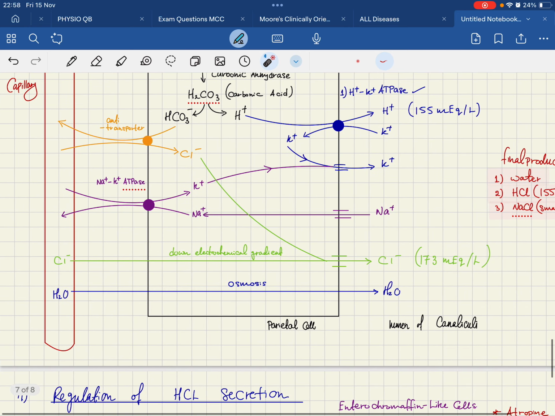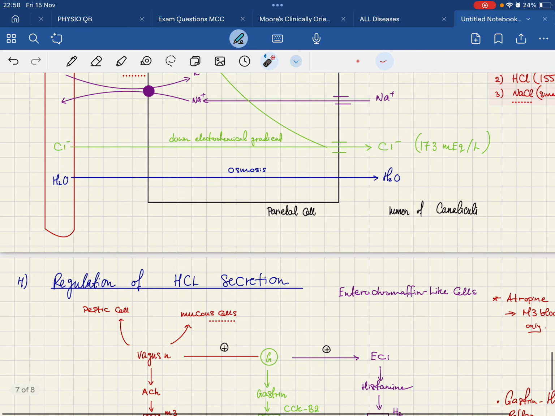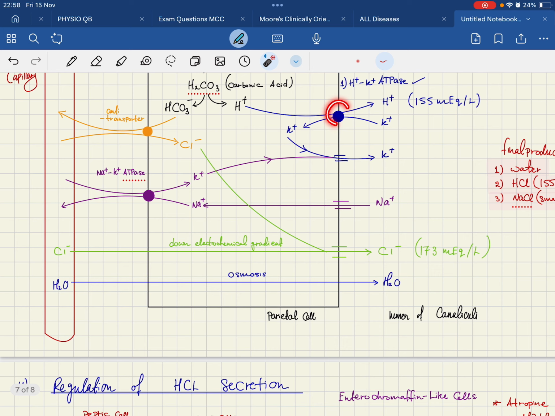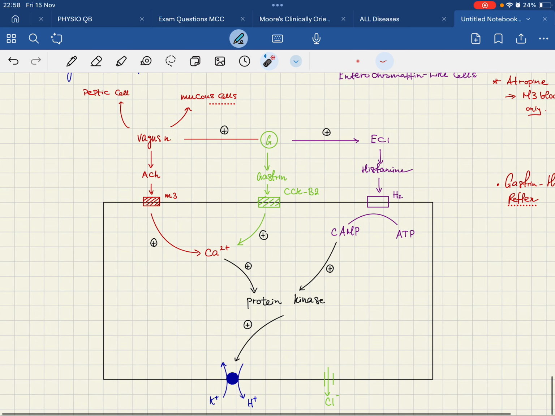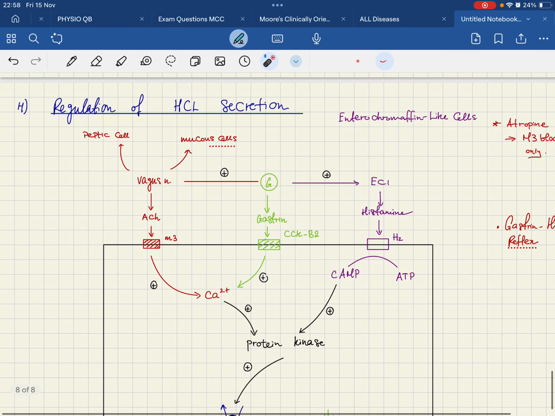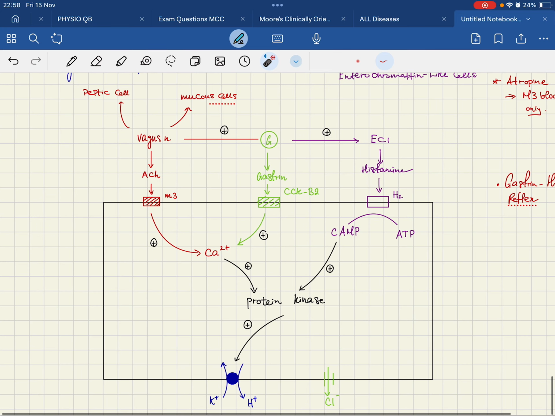So there are basically two pumps which are the main controlling pumps, which are the hydrogen potassium ATPase pump, which is seen here, and then the chloride pump. If we can stop the action of either one of them or increase the action of either one of them, we'll be able to increase or decrease the secretion of HCl.